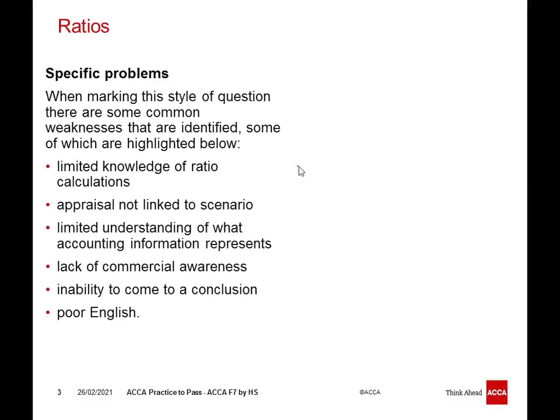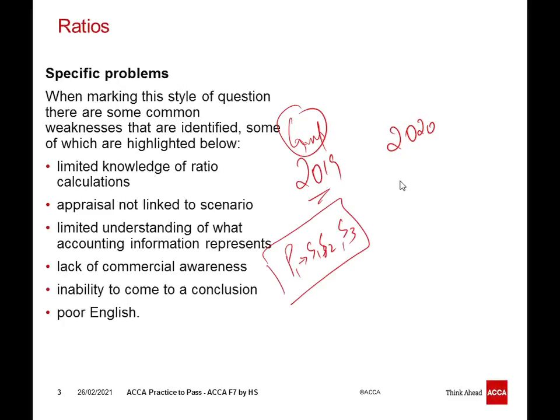Again, I'm giving you an example. Suppose in 2019, when I'm talking about the group right now, there is a parent company and it has 3 subsidiaries, S1, S2, and S3. And at the start of 2020, the parent has sold one of its subsidiaries. So in this year, we'll be having only 2 subsidiaries.